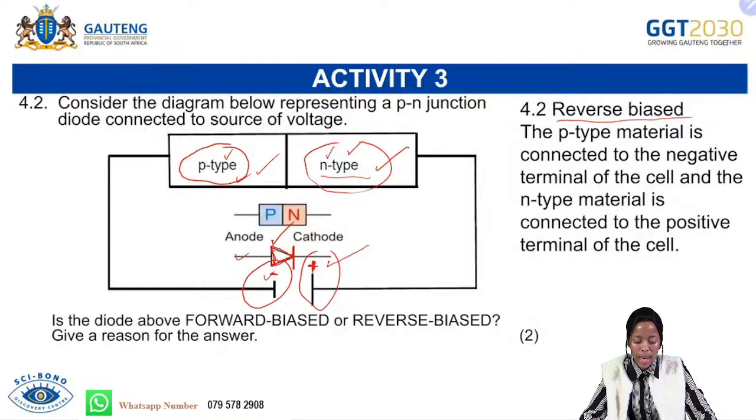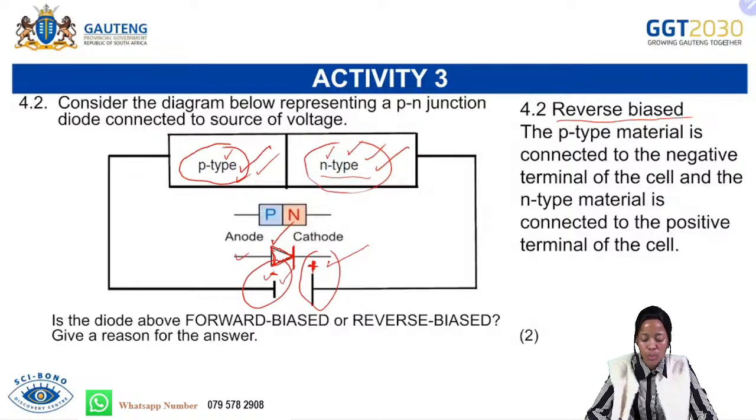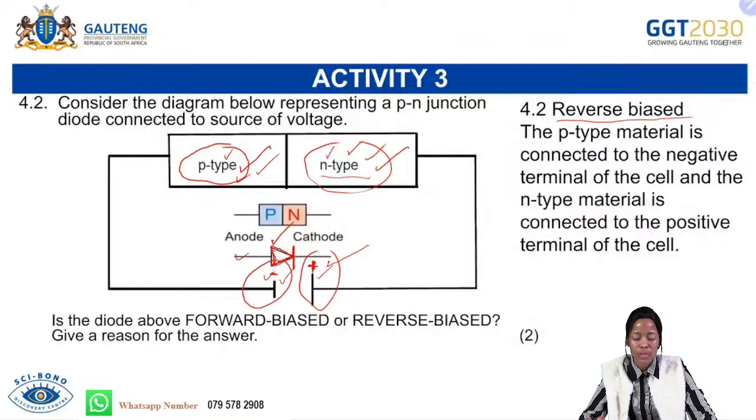So if you had a forward bias, then what were you going to have? The n-type material would be connected to the negative terminal of the cell, and the p-type material would be connected to the positive terminal of the cell. So just make sure that you know the difference between a forward bias and a reverse bias.